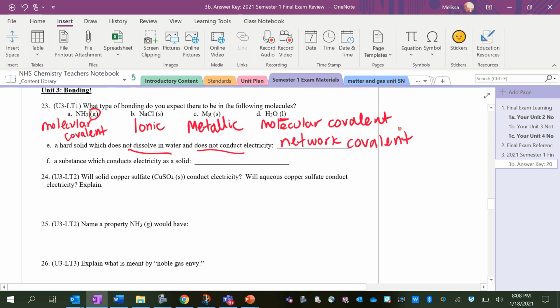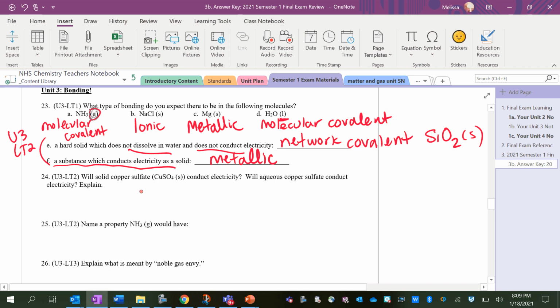Network covalent bonds are things like SiO2, which is sand. And then a substance that conducts electricity as a solid would be something with metallic bonding. Also, these don't really belong in Learning Target 1. They're Learning Target 2 for Unit 3. I was just noticing that.